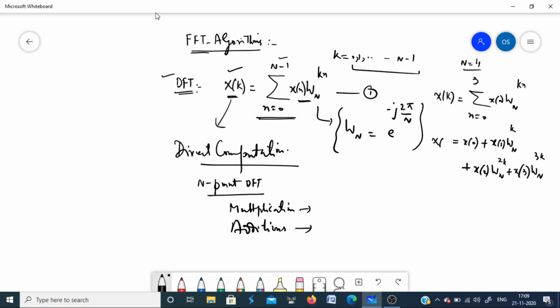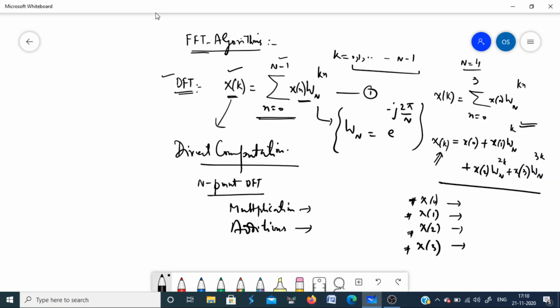Okay, this is what X(k) is. And how many samples of X do I have to find? I have to find X0, X1, then X2 and X3, right? And in order to find X0 only, I simply put k equal to 0 in this equation. I will get X0, then X1, then X2, X3 and so on.